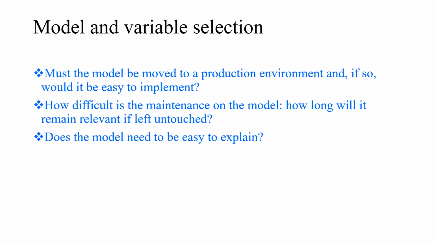While selecting the model, check whether it is applicable for the environment, how difficult it is to maintain, whether it will still be relevant if not used for a long time, how long until it expires, and whether it needs to be easy to explain.